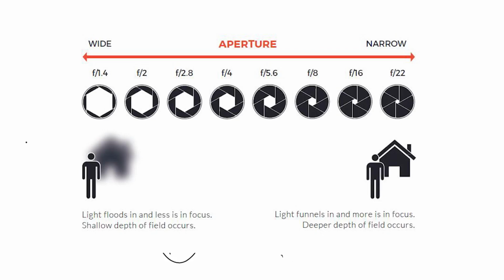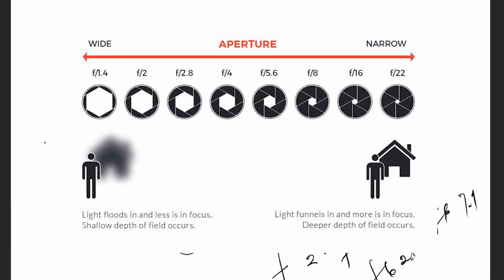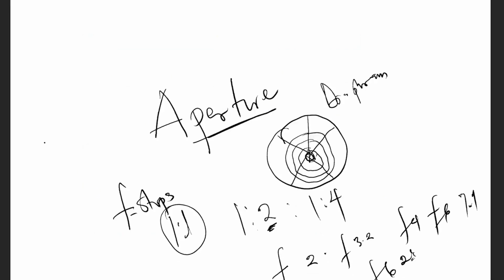So you now begin to have, let's say, f2, f3.2, f4, f6, f7.1, and so on and so forth. So you have around f60, 62 or 64, depending on your lens range.